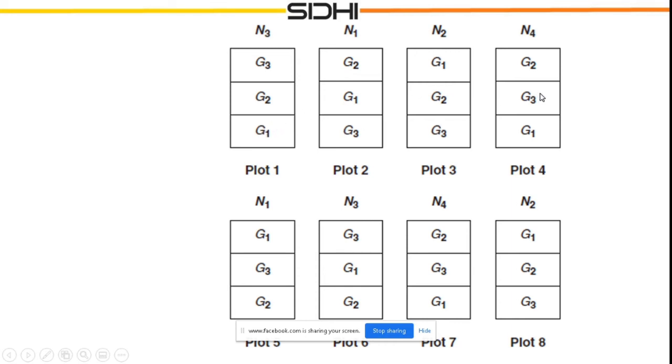This is not block, it's plots. Okay? So plot meaning the area, the land area where you're using it. So your blocks can actually be within a plot. Okay? So again, okay, I went a little off track. So just going back, your second factor is within your first factor. Okay?